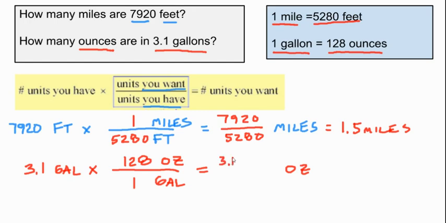We will get 3.1 times 128, and that's all going to be divided by 1. And then finally, we run that through the calculator, and we get the number 396.8, and the units we have are ounces.